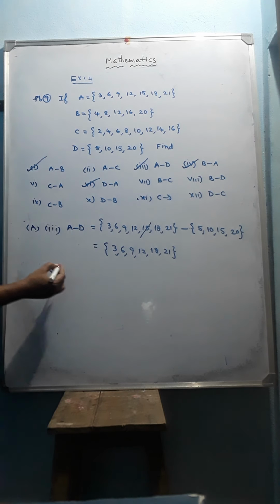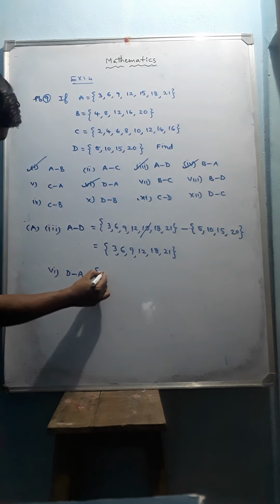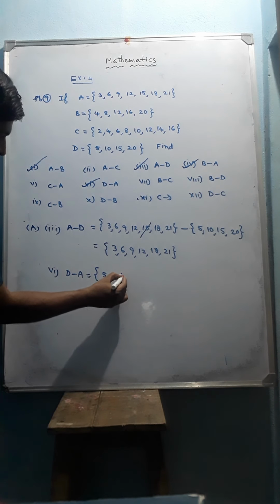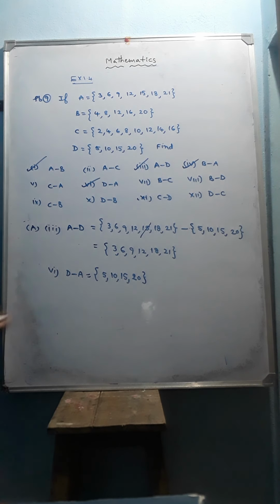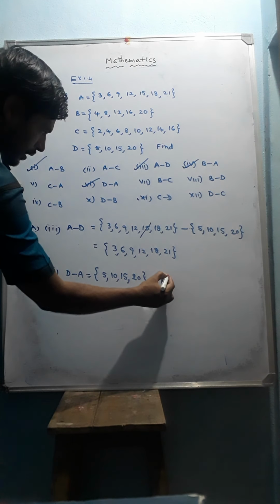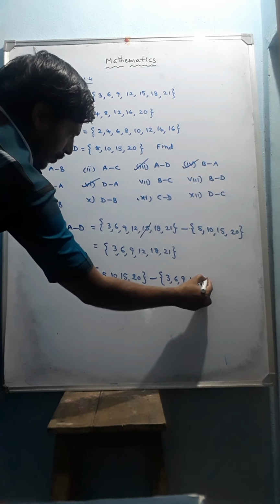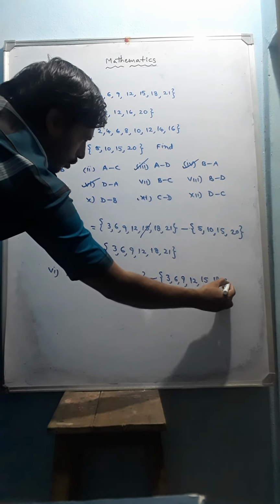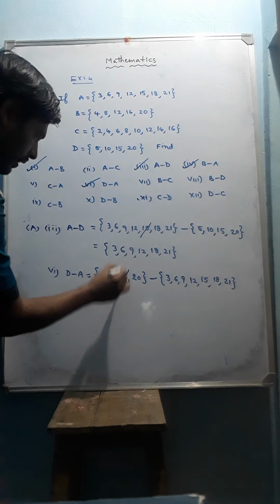Next, problem number 6 is D minus A. First the D set elements: 5, 10, 15, 20, minus the A set: 3, 6, 9, 12, 15, 18, 21. Is there any common element? Yes, 15 only. You can cancel that 15 in the first set.